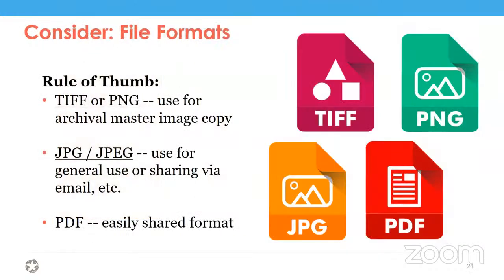Okay, so then lastly, we said consider file formats. In general, what do you save your files as? If you think about that, that's going to give you a good general rule of thumb for how you're going to save any items that you're digitizing. For images, for your archival or your master image copy, you should use a TIFF or a PNG.